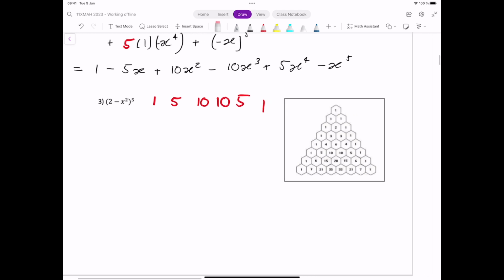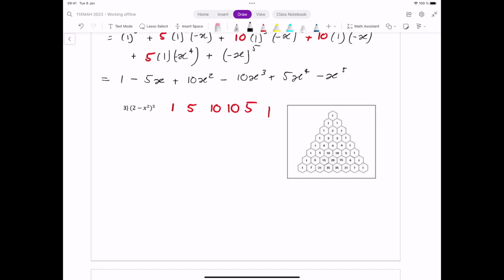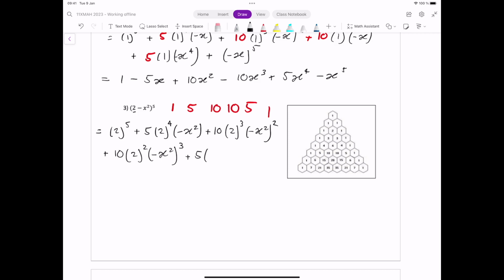So our first term is going to be not 1 to the power of 5, but 2 to the power of 5, because that's our term here. 2 to the power of 5 plus 5 times 2 to the power of 4 times (minus x squared) to the power of 1 plus 10 times 2 to the power of 3 (minus x squared) to the power of 2, noting that our powers are always adding up to 5, plus 10, 2 to the power of 2, (minus x squared) cubed plus 5, 2 to the power of 1, (minus x squared) to the power of 4 plus our last term (minus x squared) to the power of 5.